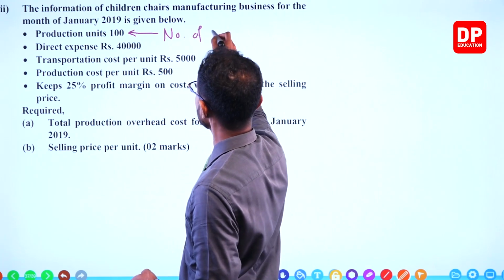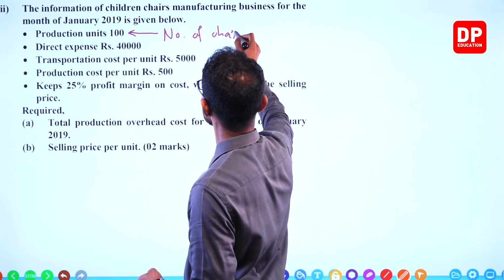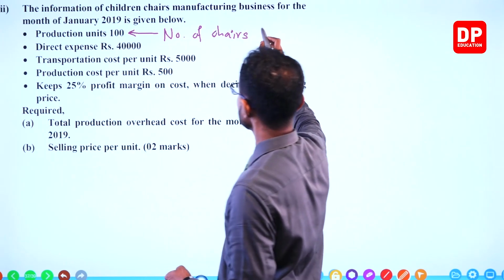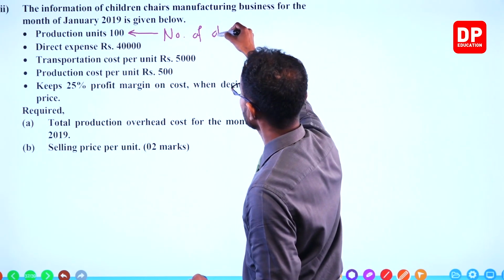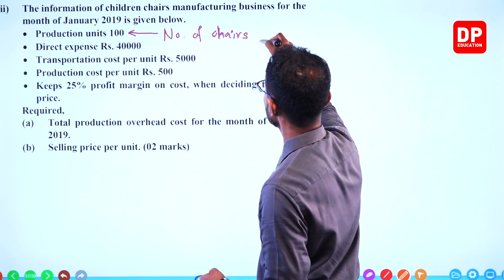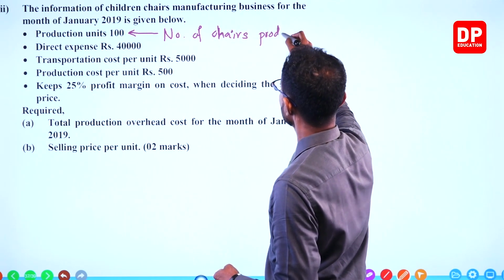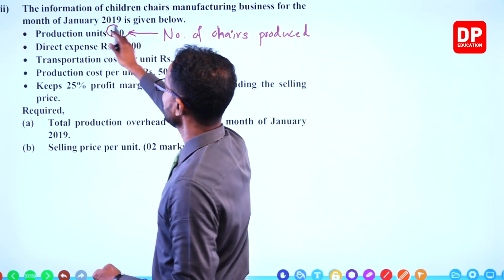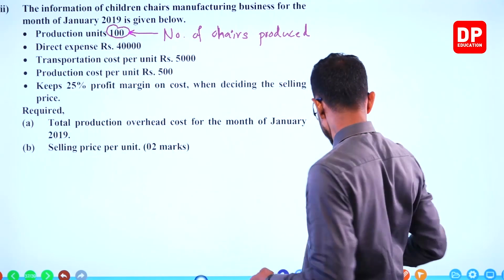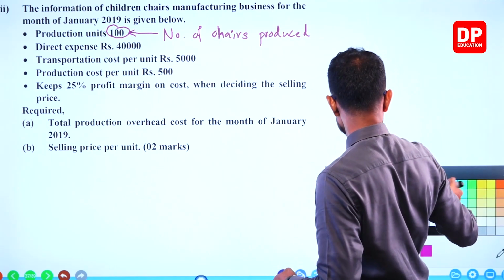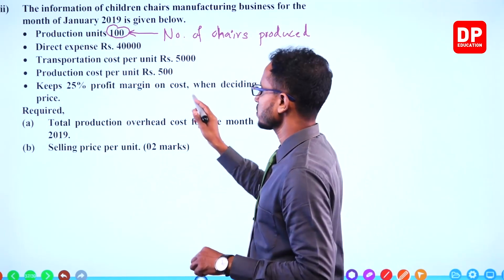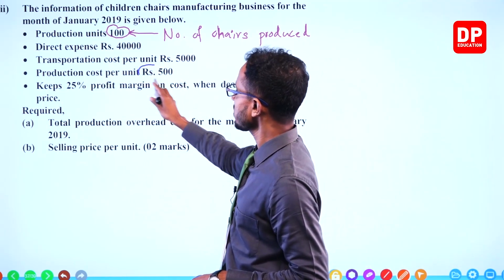One hundred chairs are produced. For one chair, the production cost per unit is 500.